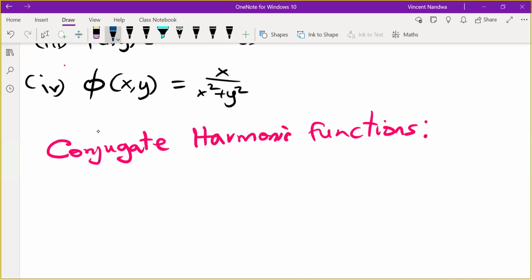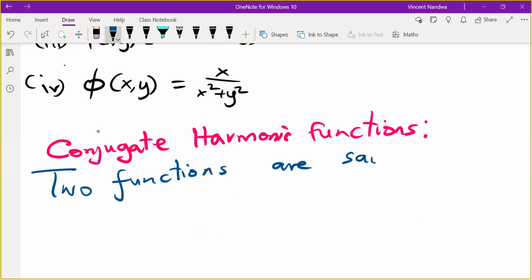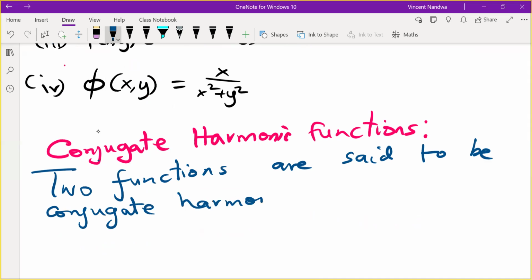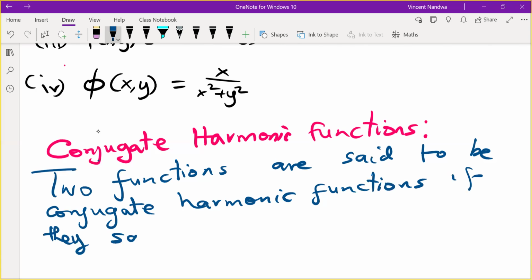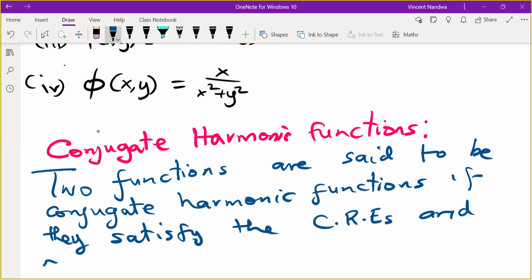Two functions are said to be conjugate harmonic if they satisfy the Cauchy-Riemann equations and are themselves harmonic.